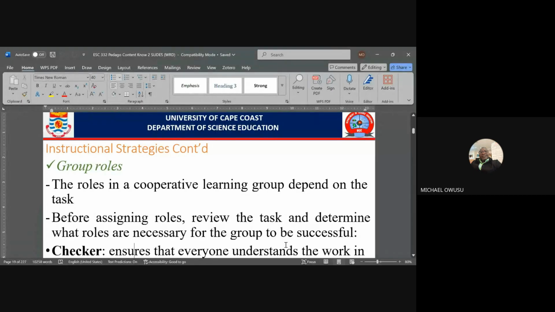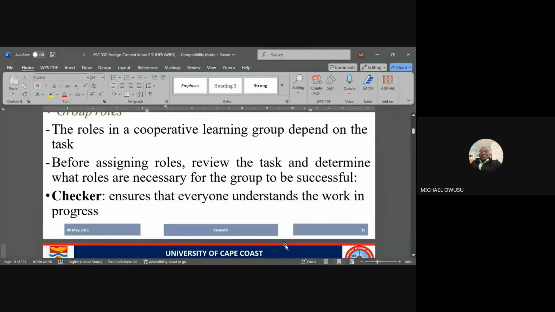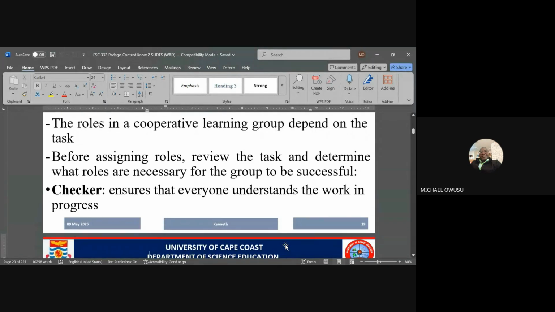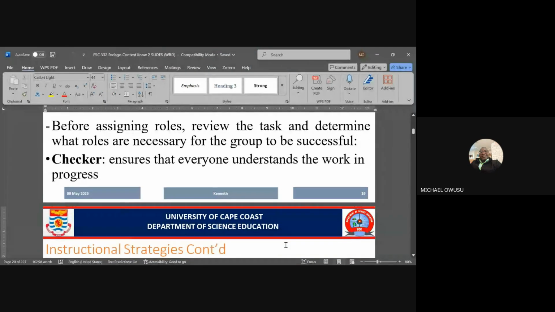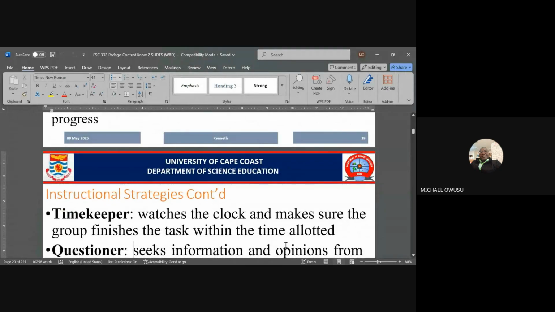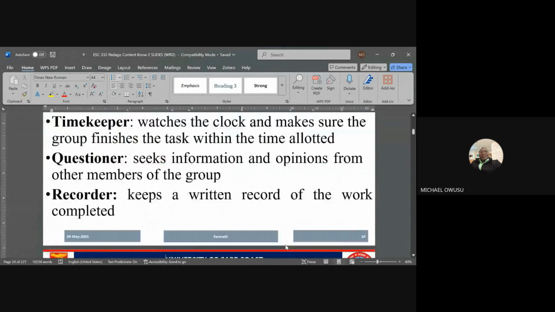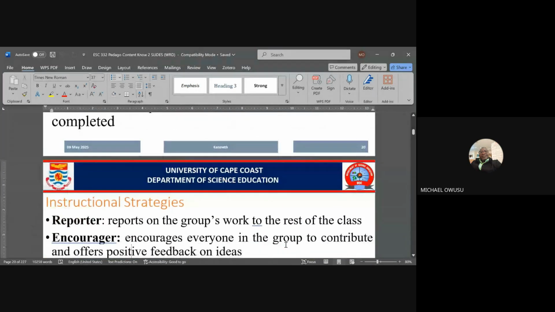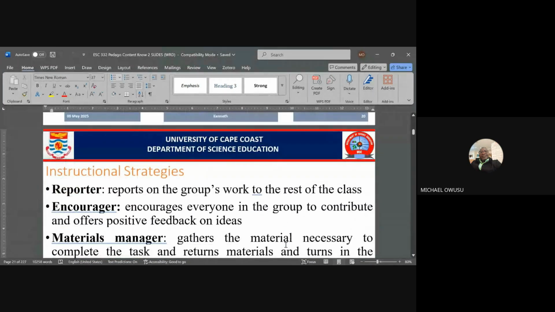Before assigning the roles, review the task and determine what roles are necessary for the group to be successful. Somebody can be the checker. The checker ensures that everyone understands the work in progress. Then you must have a timekeeper. You can have a questioner, a recorder, a reporter, and somebody who encourages a lot of people in the group.